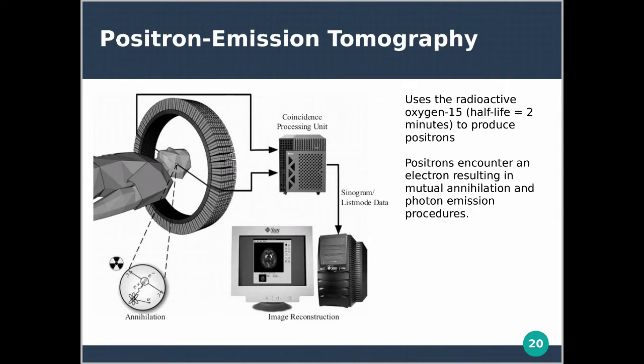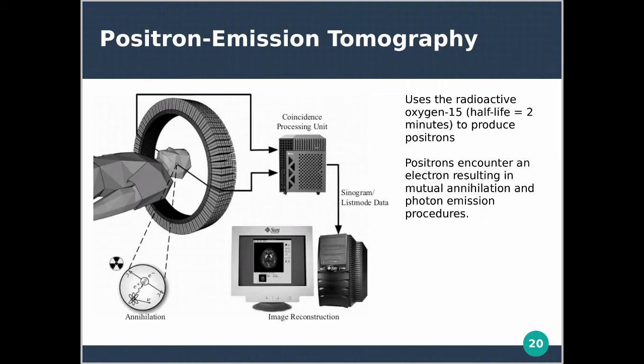When they decay, they produce positrons. If you remember from your nuclear chemistry back in Gen Chem, positrons are positively charged electron-like particles. These are antimatter particles.